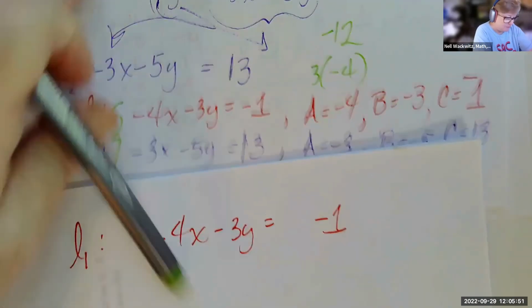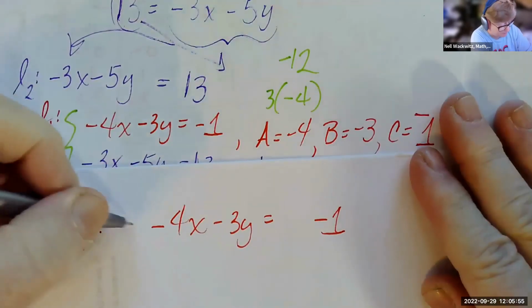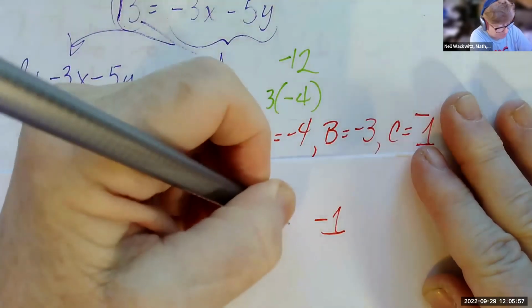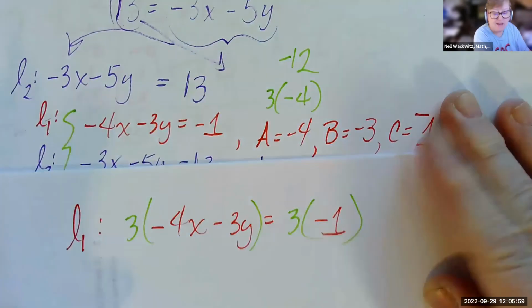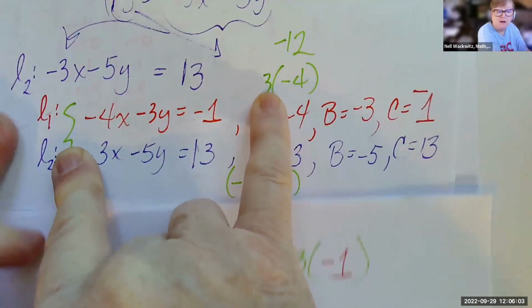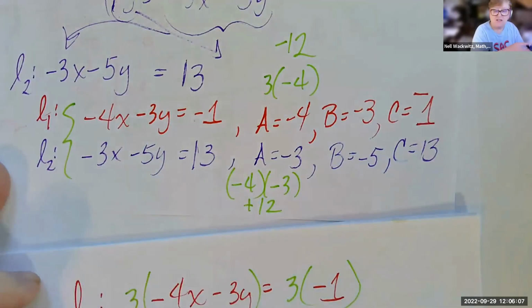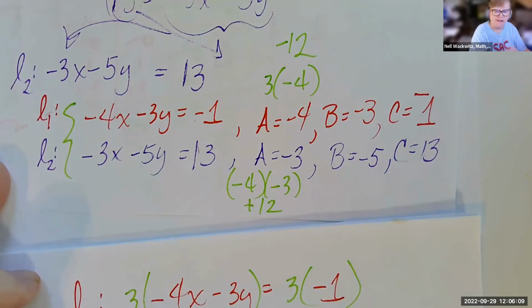And for line 1, I'm going to multiply by 3, and line 2 by -4. We just need to get one positive, one negative.